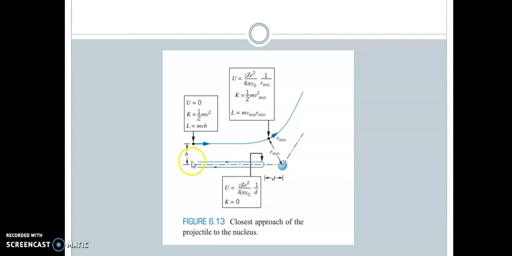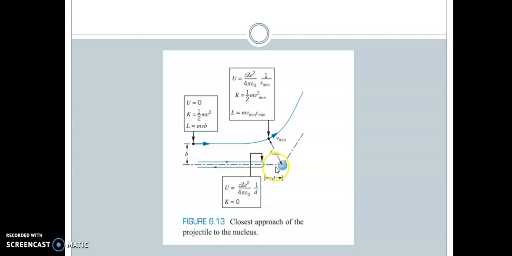Okay, but when impact parameter is non-zero, the r minimum value is not minimum, it is greater than d. അപ്പോൾ അവിടെയും ഒരു ഡിസ്റ്റൻസ് ഉണ്ട്, മിനിമം ഡിസ്റ്റൻസ് ബിറ്റ്വീൻ ദിസ് projectile and the nucleus, but it will be greater than the d. d എന്ന് പറയുന്നത് minimum distance, and that is possible when the projectile approaches the nucleus in a head-on collision.